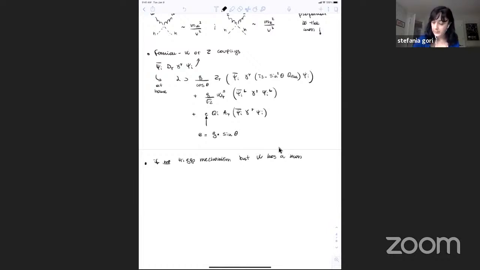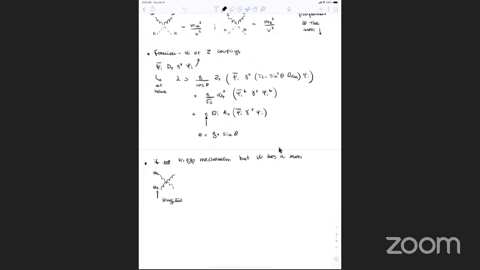Namely, what we can do in a theory like this, the standard model of particle physics as we have learned until yesterday before electroweak symmetry breaking, but with a massive gauge boson, since the W boson has a mass, is to compute the scattering of two longitudinally polarized gauge bosons. So W_L W_L, this longitudinal polarization.